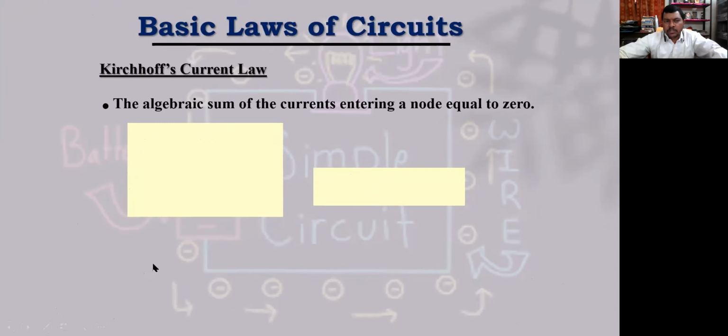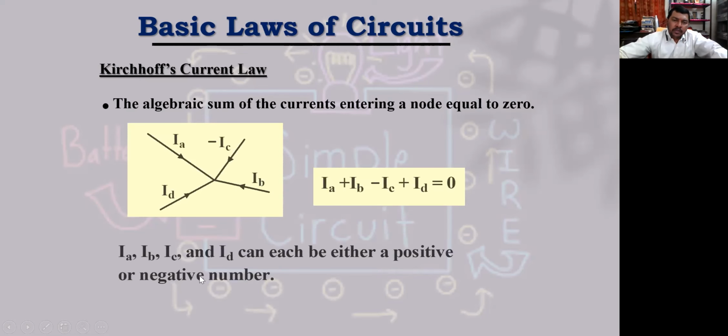This is what I have told you. The algebraic sum of all the currents entering or leaving a node is equal to 0. So IA plus IB minus IC plus ID. If you see here, they are different now. IA is entering the junction, ID is also entering the junction, IB is also entering the junction.